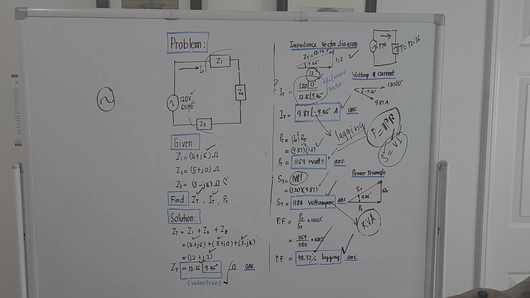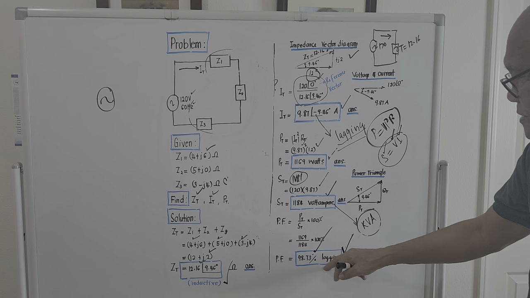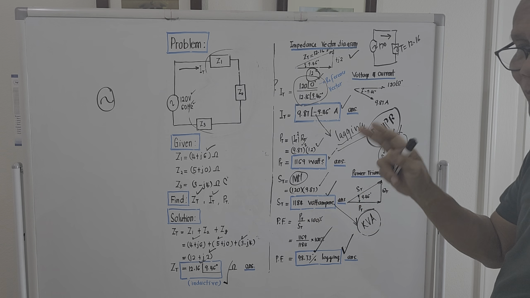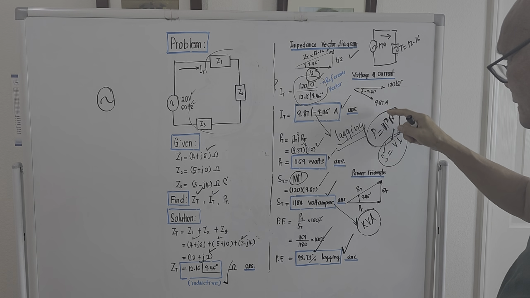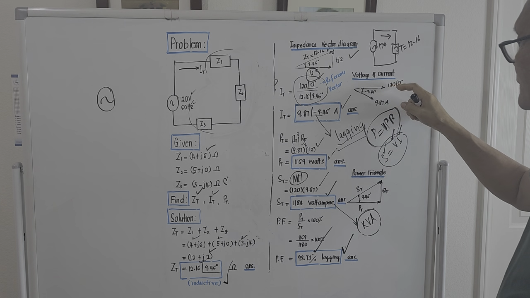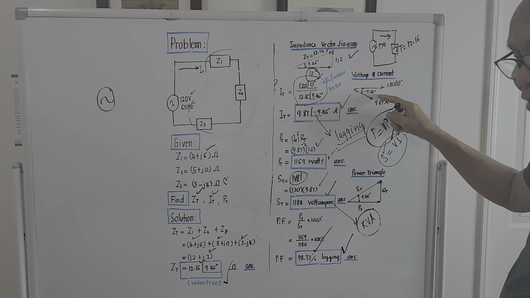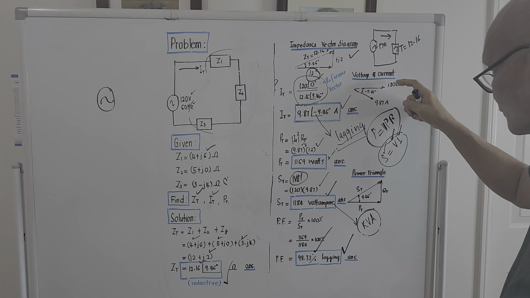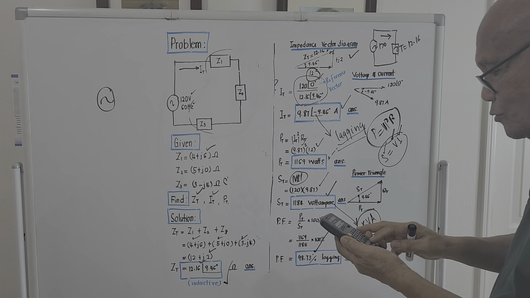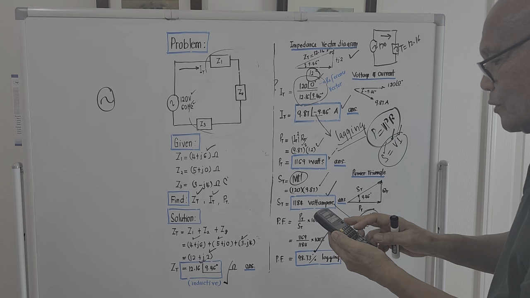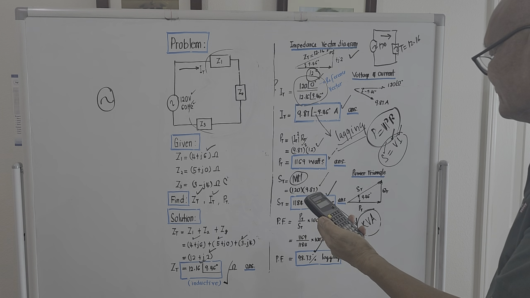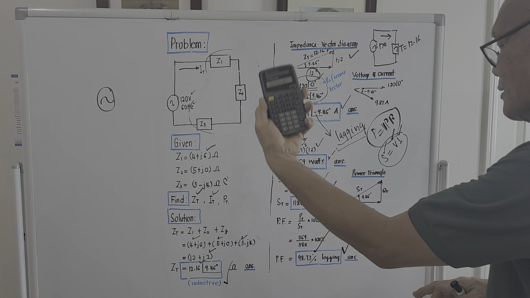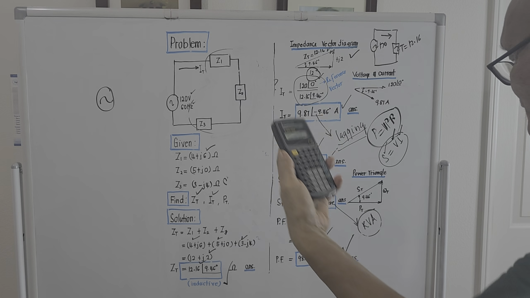Or if we try to check this, one of the definitions of power factor is the cosine of the angle between the voltage and current. And the angle between the voltage and current is 9.46 degrees. So if we take the cosine of 9.46 times 100%, what comes out is 98.73%.